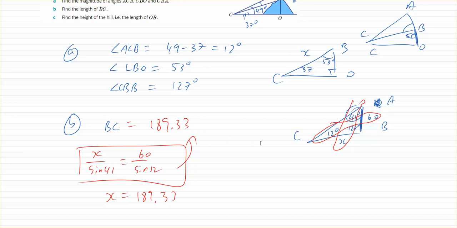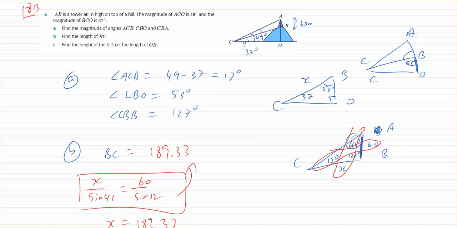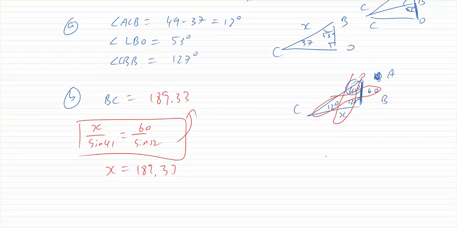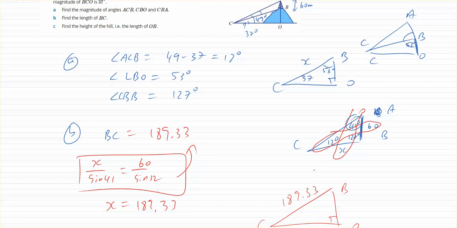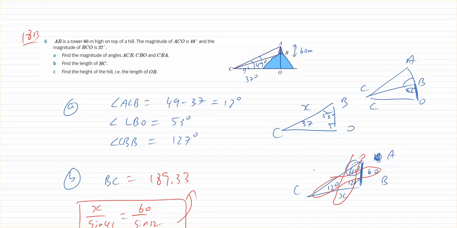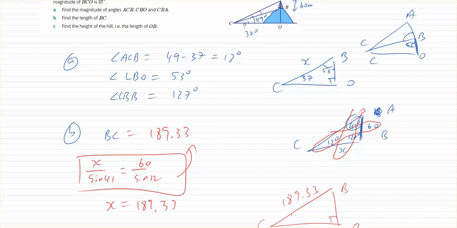So our next step is to find the height of the hill, OB. Let's draw the triangle again. We've got a right angle here. We know CB is 189.33. We know the angle BCO, we just worked that out, is 37 degrees.